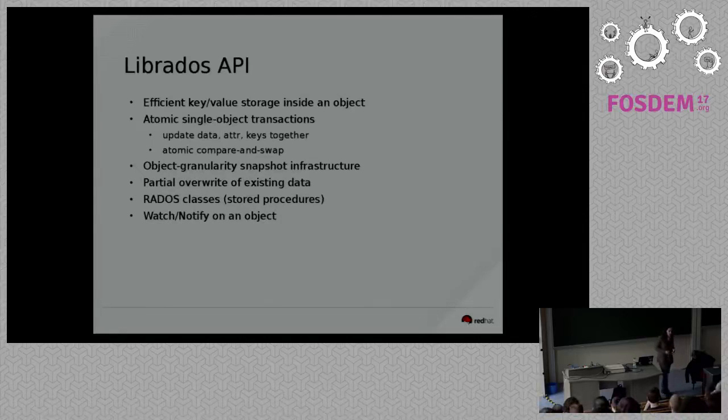And we have a watch notify service, so you can register on an object, and when the object changes, we get a notification across the cluster. Everyone registers for that notification. So it's a very strong API, but it's not a standard API. It's not block, file, or object, a cloud object. It's your own, and if you really need the performance and you're willing to make the effort, Librados will be really cool.